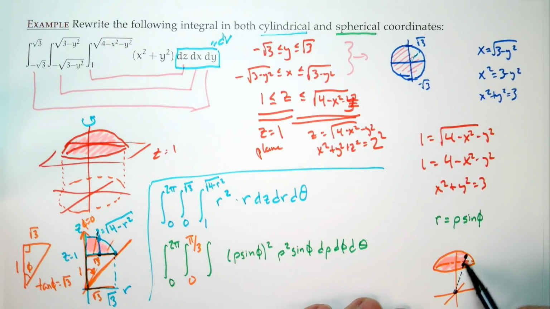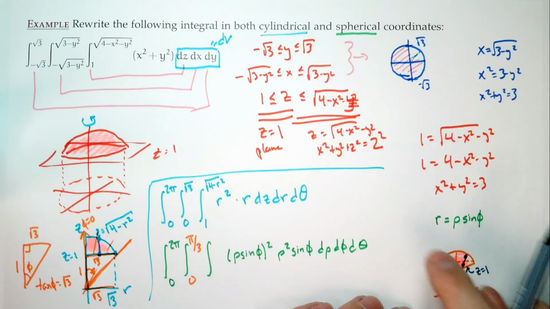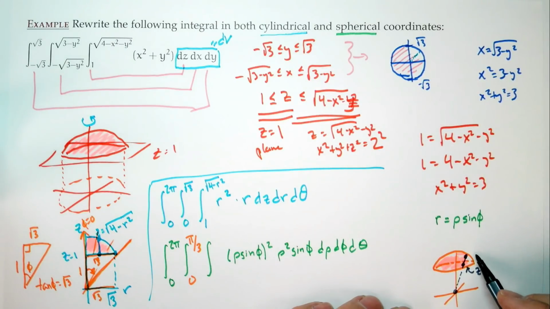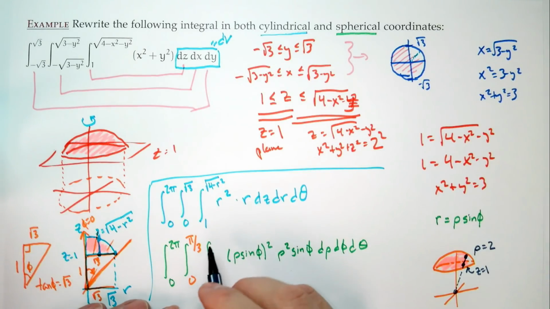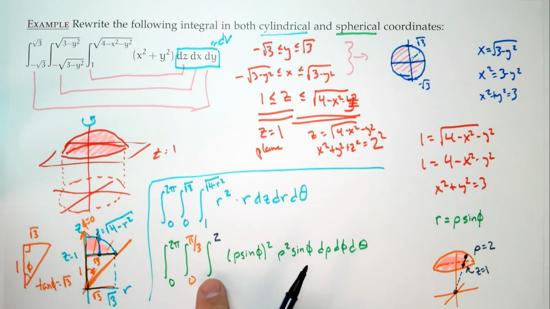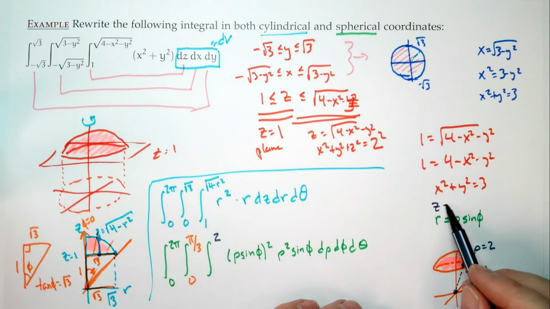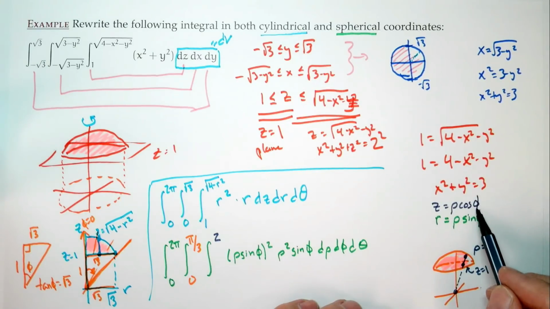So our two surfaces are going to be this flat plane, z equals 1, and then this sphere. And this sphere, we know what it is. It's a sphere with radius 2. So that, in spherical coordinates, has a really nice solution. Rho equals 2. So that tells us that this upper bound here is 2. Now the lower bound is not 1 because it's a d rho, which means we need a rho equals something. So we say, okay, well we have z equals 1, and now we use the fact that z is rho cosine phi.